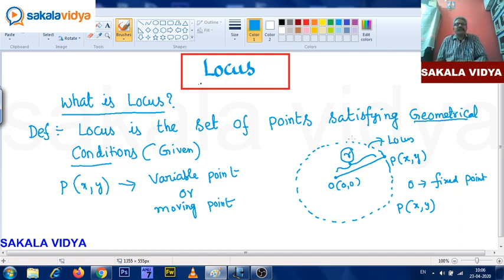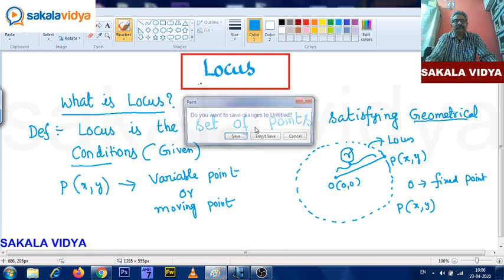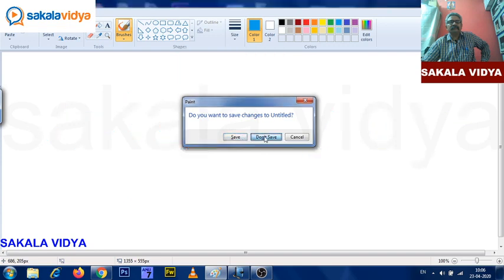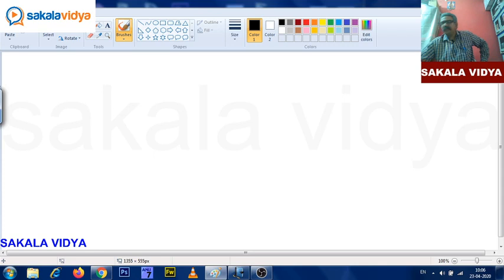So, for example, take this point now. This is a fixed point at a fixed distance.